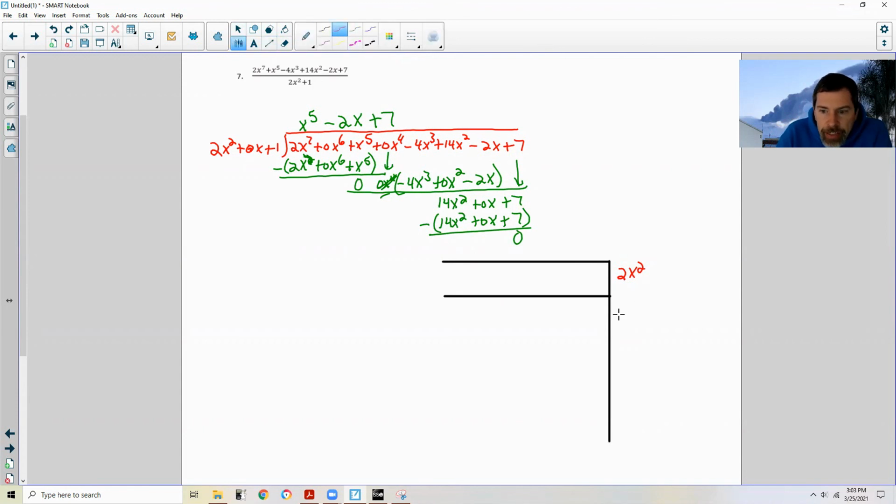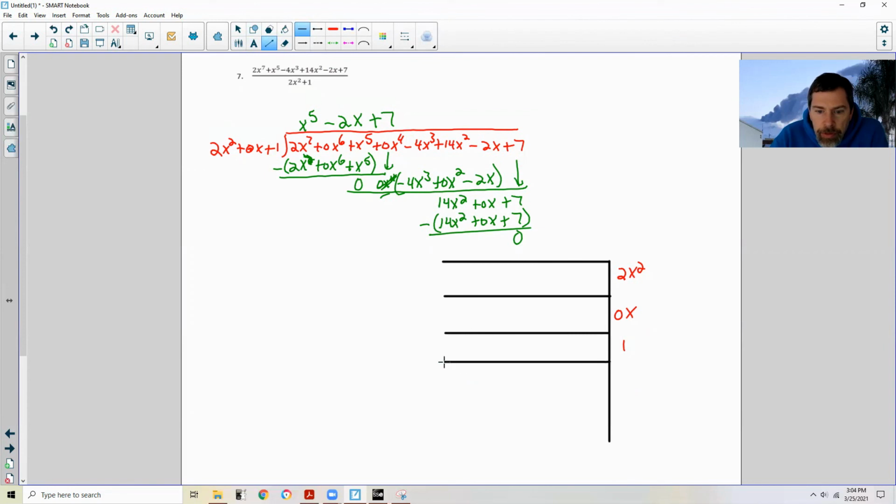And then I have a 0x, okay? And then I need to separate it with a column, or row, I mean. Okay, and then I'm going to need a 1. And that's the bottom of my table. So I need to shorten this to here. All right, so there's our right side.